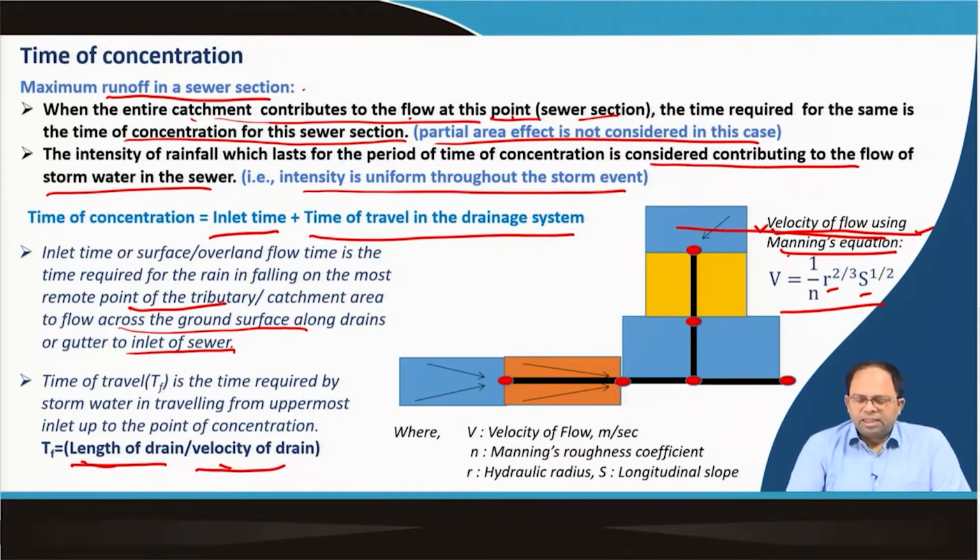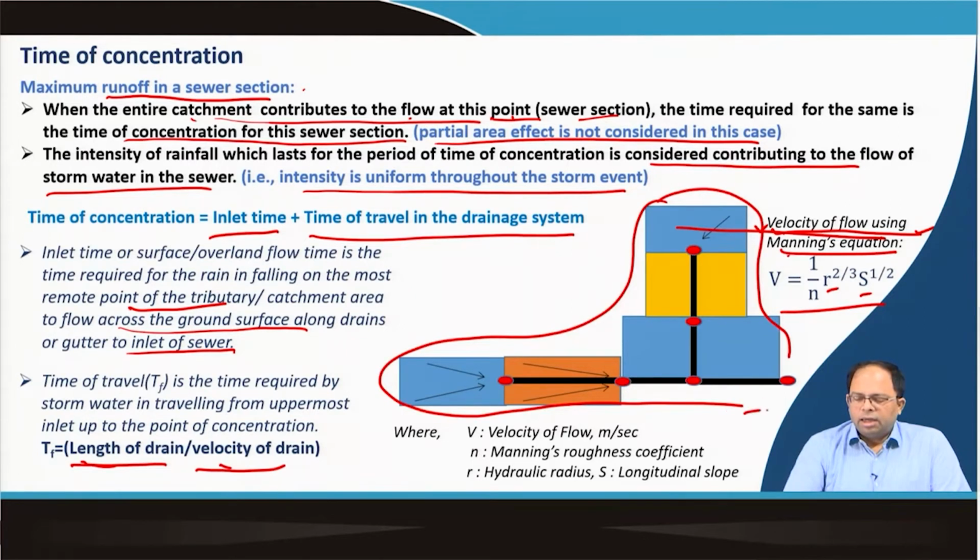So, as you can see, this is the entire catchment that is being covered by this particular sewer network. And for this particular point, the point of concentration, we will only consider the time taken by water to reach from this particular farthest point to come inside the inlet. So, this is the first inlet.